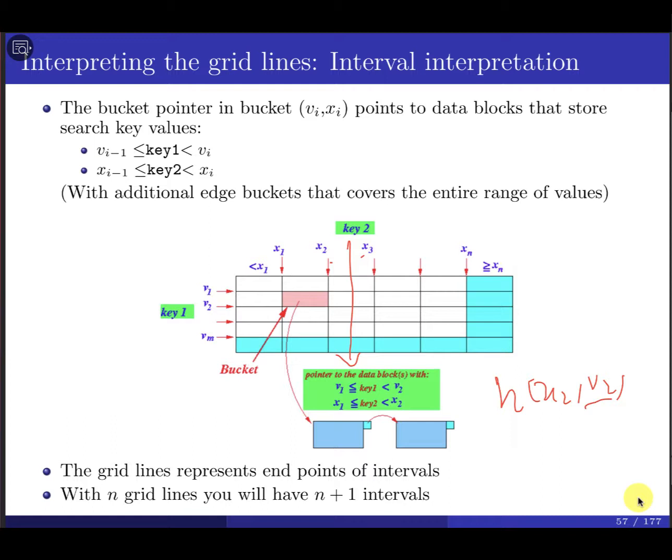That's the block I need to retrieve. So that's the meaning when we say hashing, but we are not hashing. We are not going to compute the hash value, but we're going to use the search key values to locate and decide which bucket we need to retrieve. Okay.